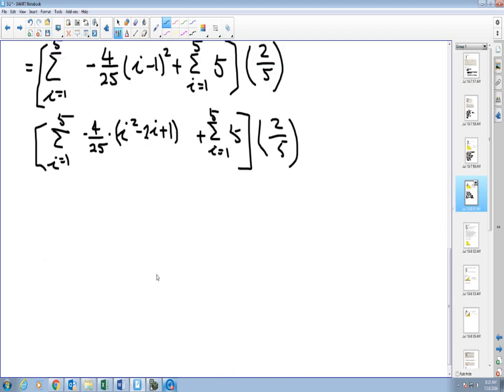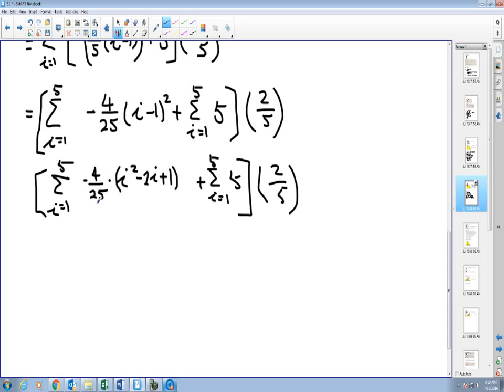So negative 4/25 multiplies all these terms. I'm going to open up my i squared here, the 2 and the i. Since these are adding and subtracting, I can split up more and more sums.